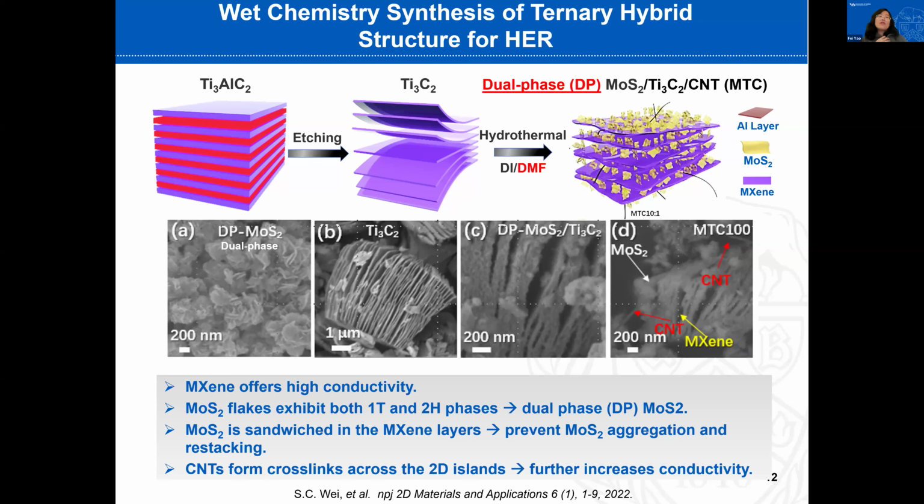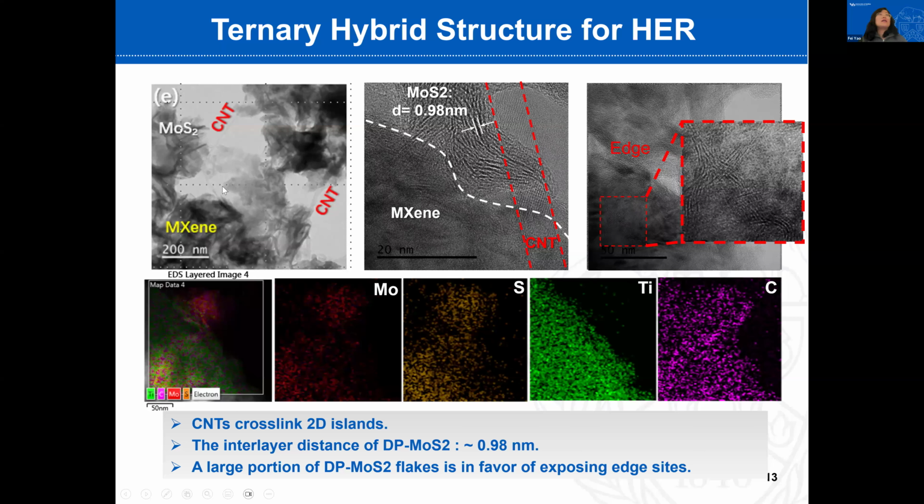The introduction of the CNT is with the purpose of improving the overall conductivity. We want to leverage CNT as a cross-link across the 2D islands to further increase the conductivity of the system. This TEM image actually shows more clear structures.